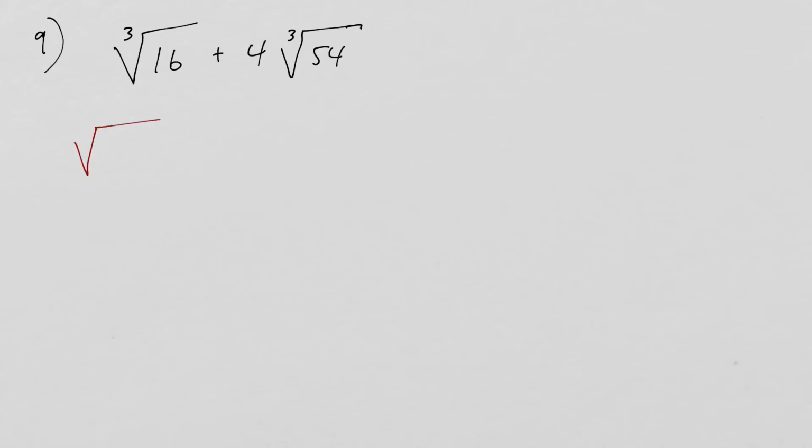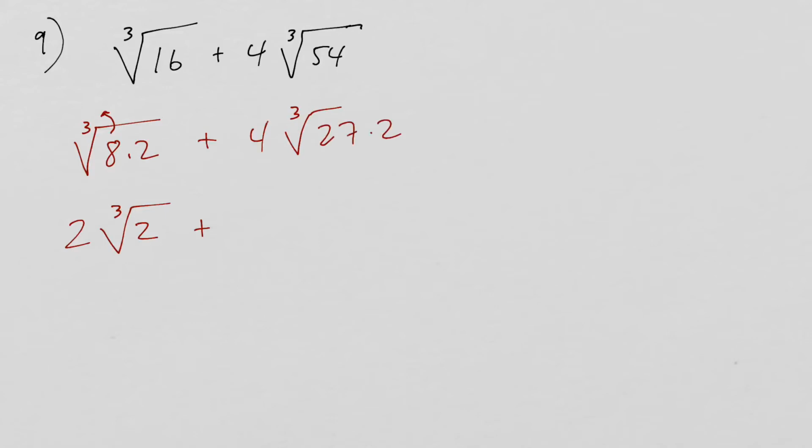Okay, I'm going to simplify these. This is the cube root of 8 times 2. We take out the 8 and it becomes a 2. 54 is 27 times 2. We cube root the 27 when we take it out and it becomes a 3.